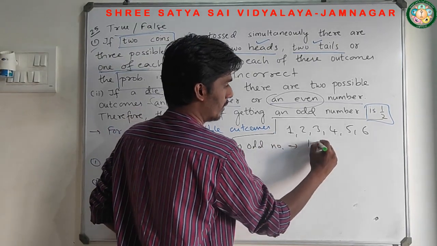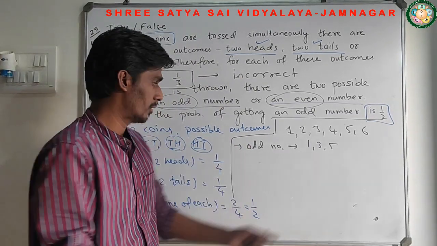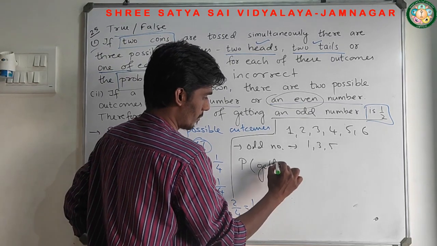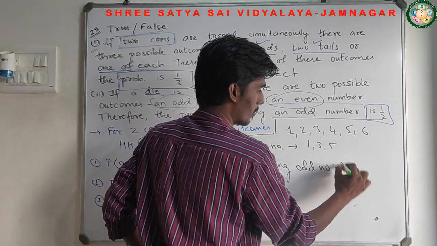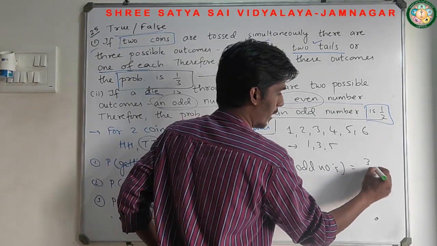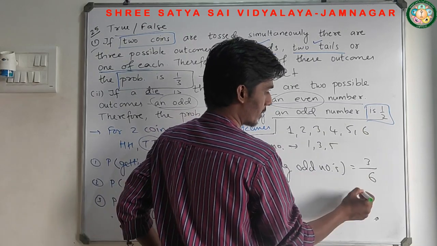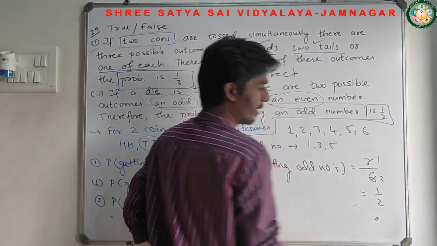It's 1, 3 and 5. So 3 favorable outcomes. So probability of getting an odd number equals favorable outcomes 3 and total outcomes 6, so 3 ones are 3, 3 twos are 6, so 1 by 2.